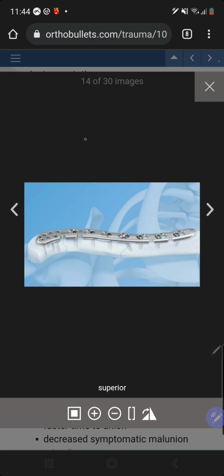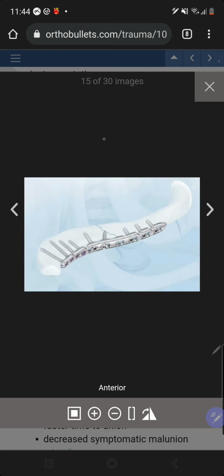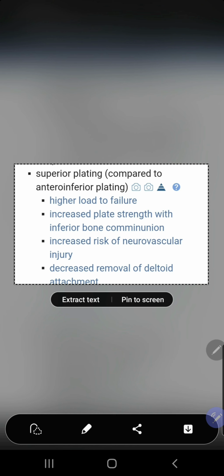You can put the plate superior or anterior. Regarding the superior plate, the load of failure is higher than the anterior and plate strength is more, especially for cases of comminution. But the problem here is risk for neurovascular injuries because the vessels go below the clavicle.